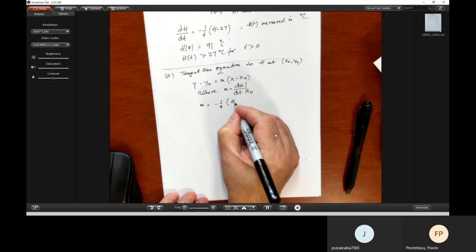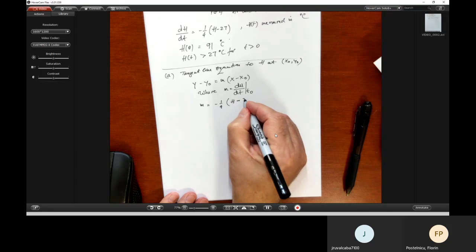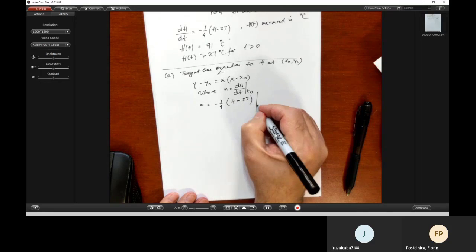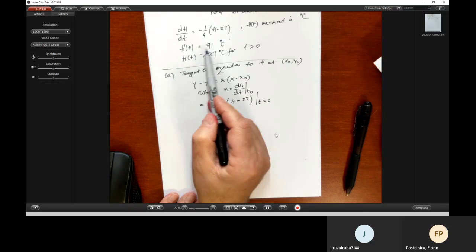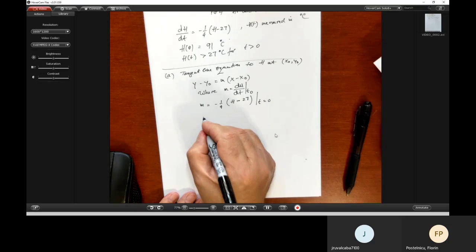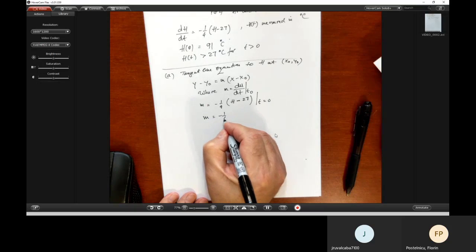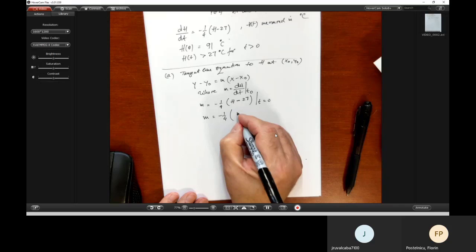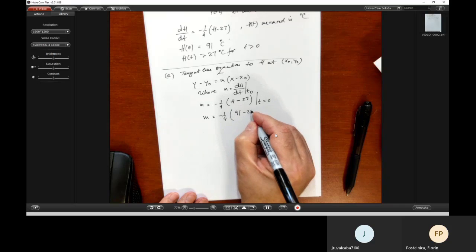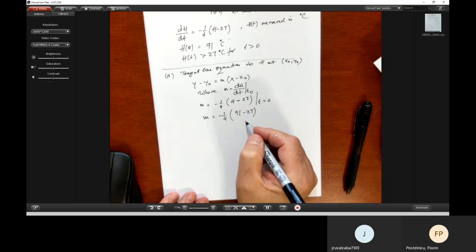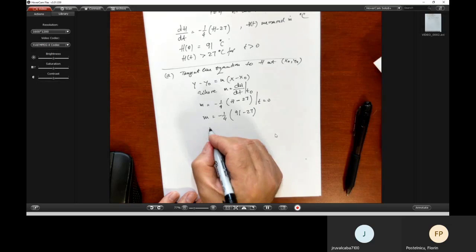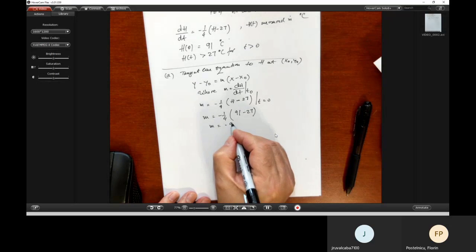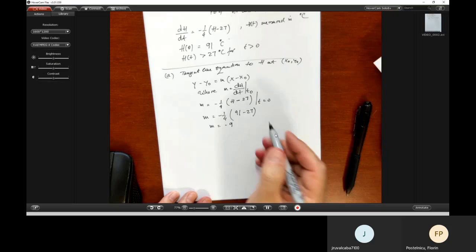I'm sorry, I said earlier time equals 3. At time equals 0. It means that for h, I have to take h of 0, so that's 91 degrees. 91 minus 27, I believe, is 56. 56 divided by 4, it seems to me it's 14. So m is negative 14 degrees Celsius per minute. So I think I wrote seconds right there. I'm going to correct it later.